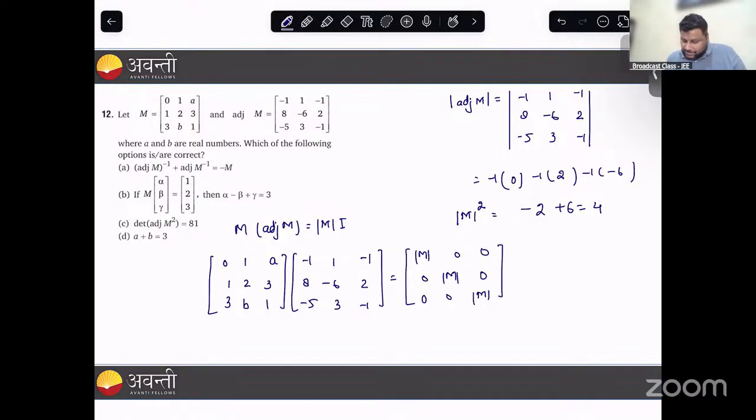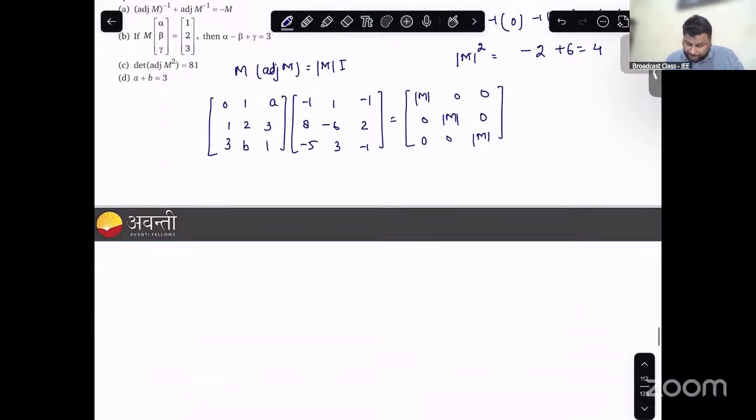Now let's multiply. What do I get? This into this, that is 8 minus 5A. This into this, that is -6 plus 3A. Then this into this, it is 2 minus A. Then second row, first column, -1 plus 16 minus 15, it will go 0.